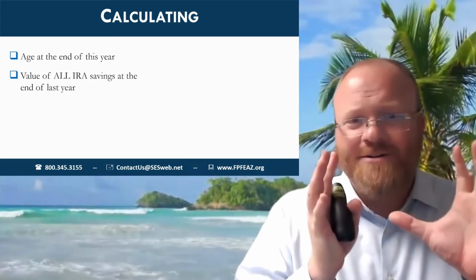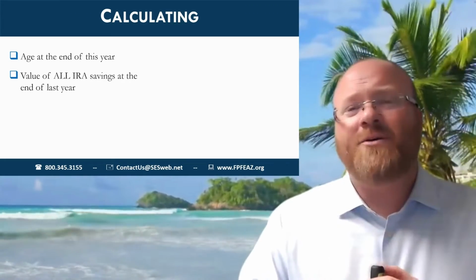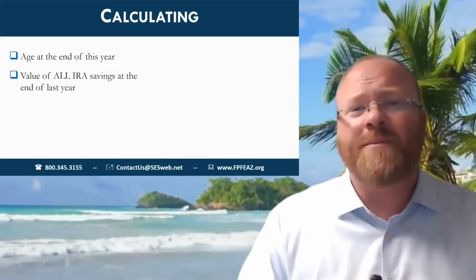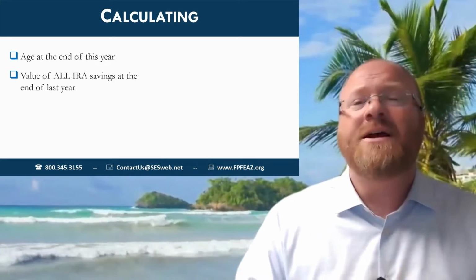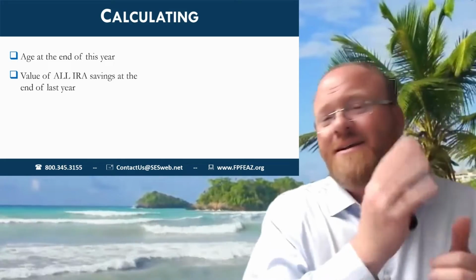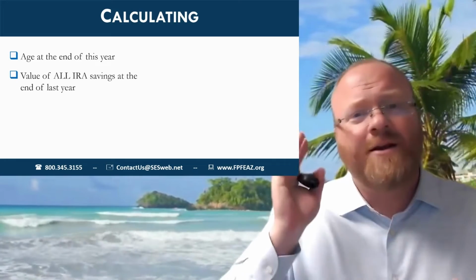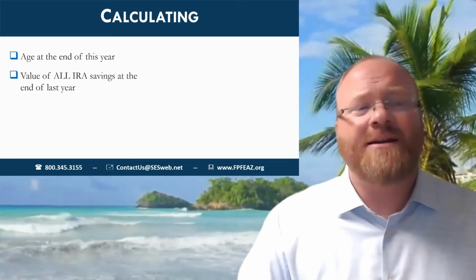They've got their crosshairs on it, so they know how much IRA money you have. They don't care how many accounts you have. They need to know the lump sum total amount of IRA money you have at the end of last year, technically the beginning of this year. Value of your money at the beginning of the year, your age at the end of the year.